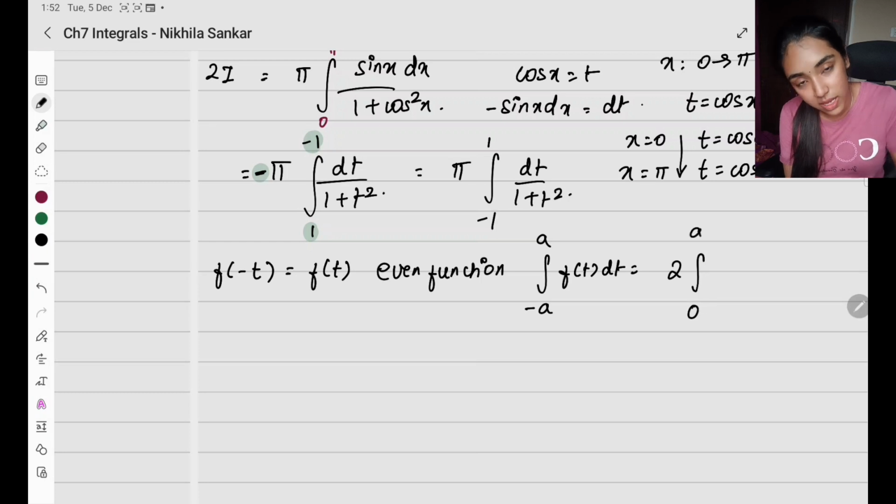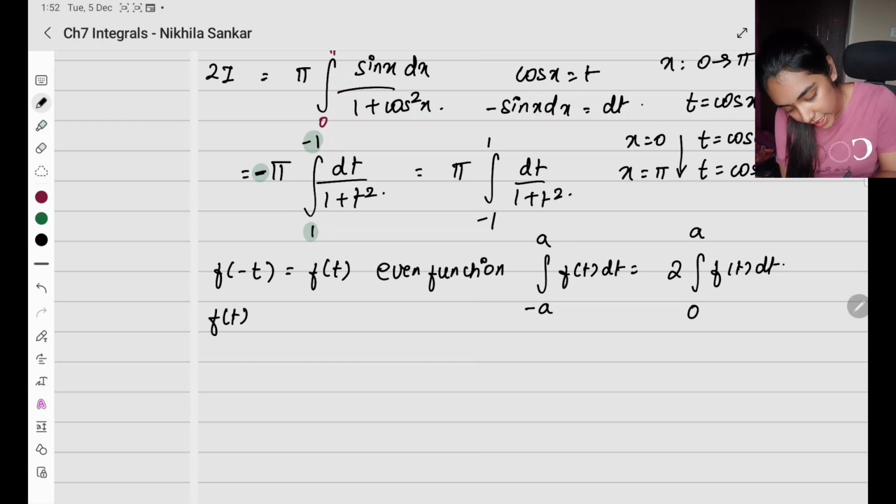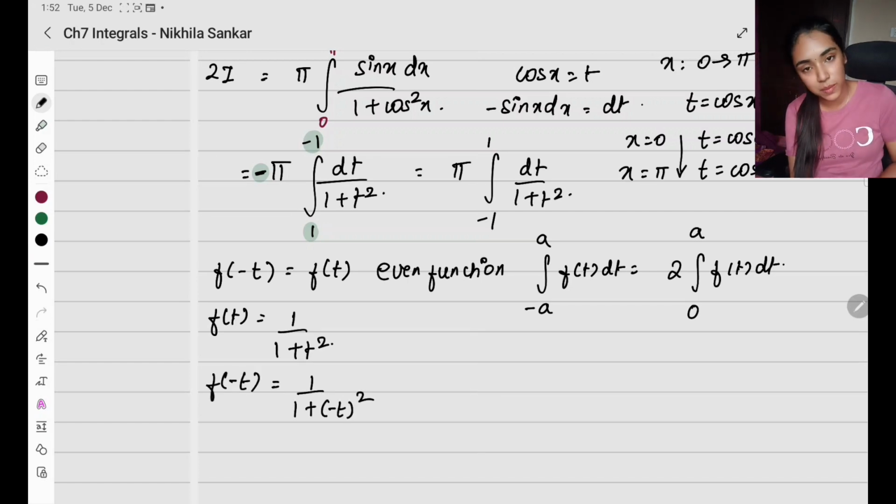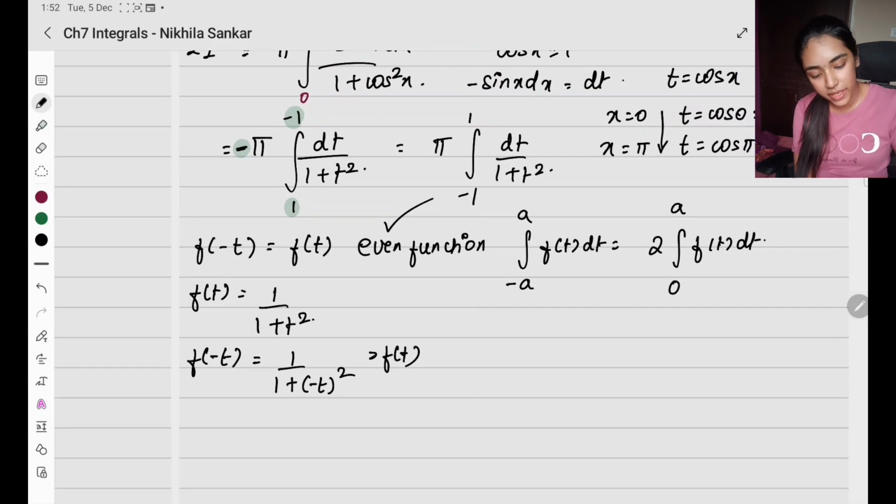Negatively and the positive illama, 0 to positive of f of t dt. So what is my function here? F of t is going to be 1 divided by 1 plus t square. So when I substitute minus t, it is still going to be 1 divided by minus t the whole square, which is 1 plus t square, and hence this is an even function. It is true.